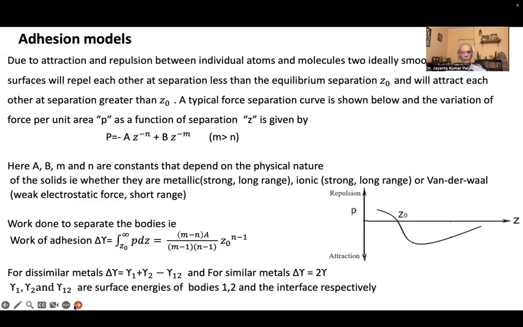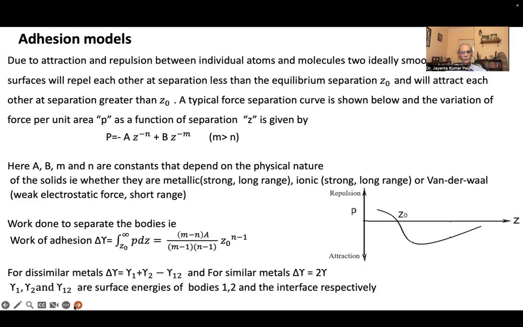Now, work done to separate the two bodies would, of course, be P dZ, that is the area enclosed by the curve and the horizontal axis. So it will be the integral of P dZ from Z0 to infinity.